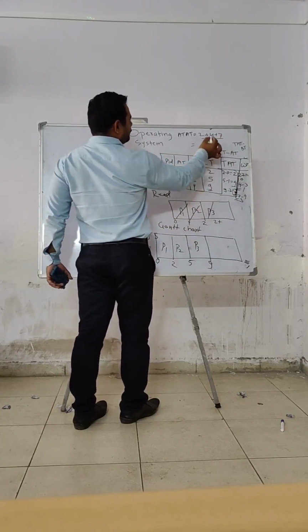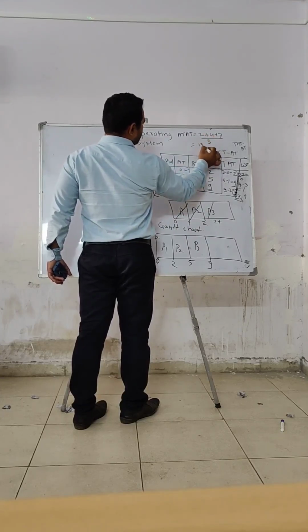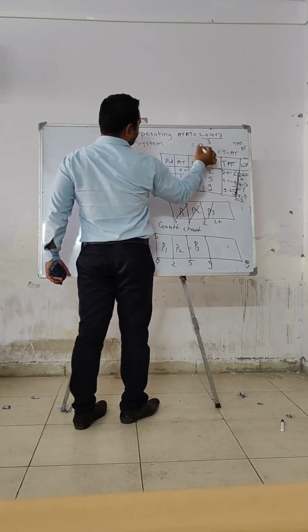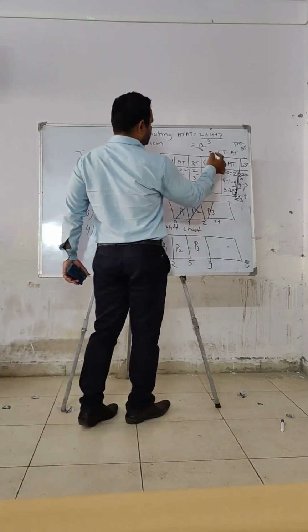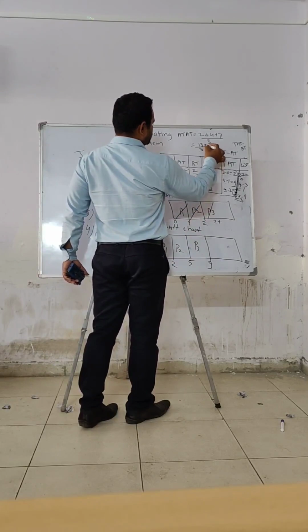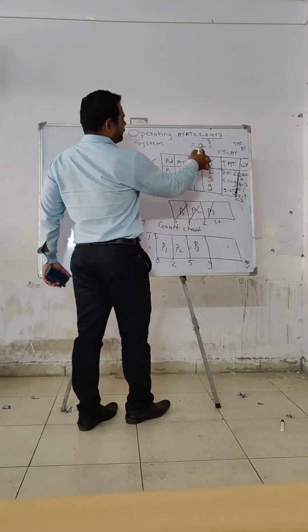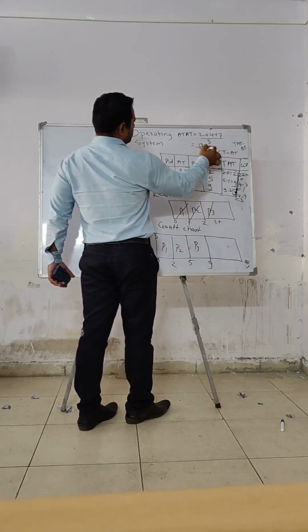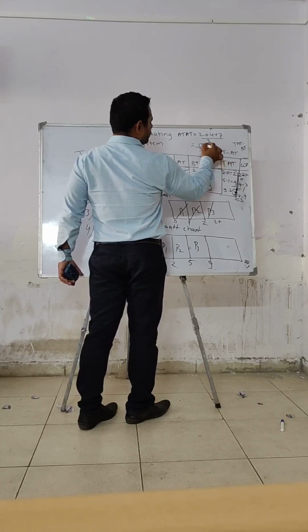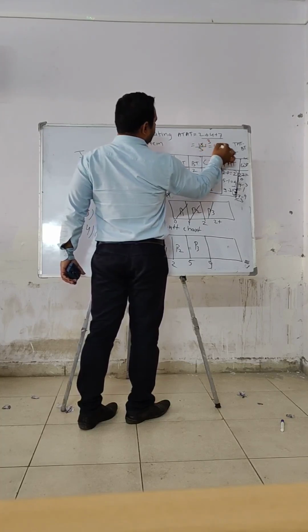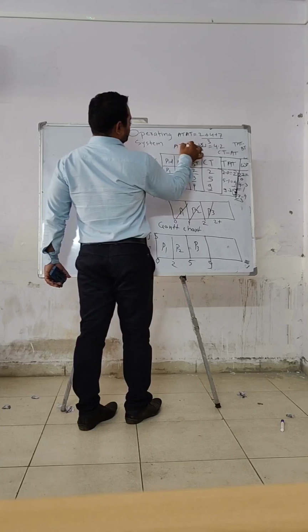It will be 2 plus 4, 6, plus 7, 13. 13 divided by 3 will be 4.2 something. This is the average turnaround time.